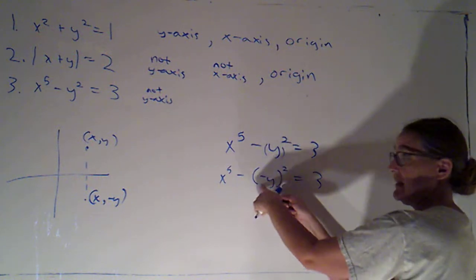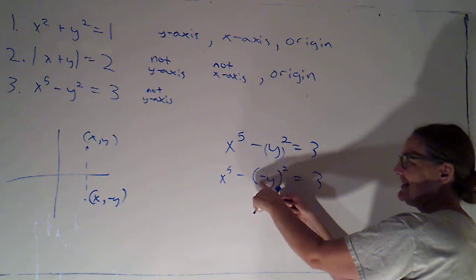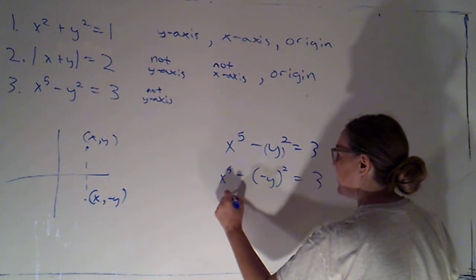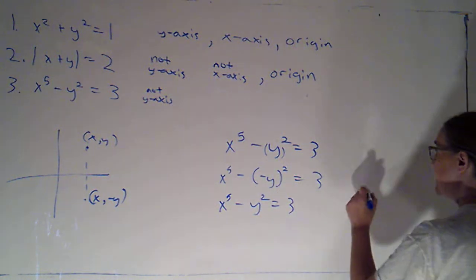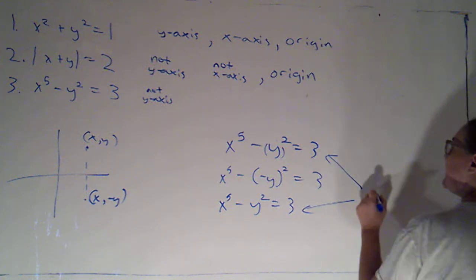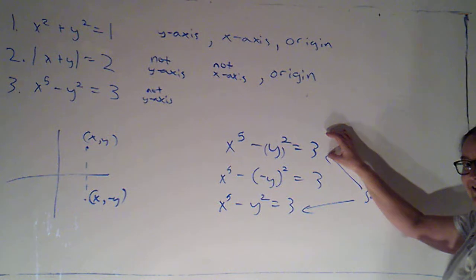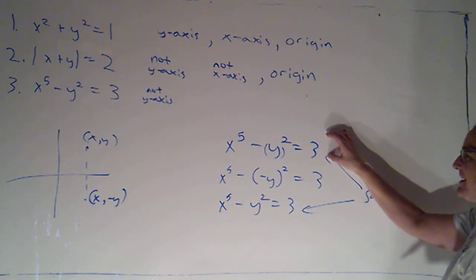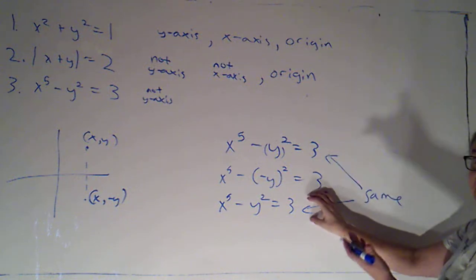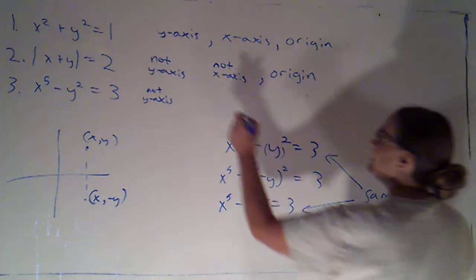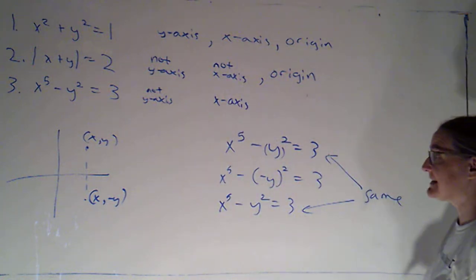Now I'm squaring the opposite of y. But when I square, that's going to eliminate this negative sign. So we'll get x to the fifth minus y squared equals 3. And these equations are the same. So if xy is on the graph, making this equation true, then x negative y is on the graph, making this equation true, because they're the same equation. So this does have symmetry about the x-axis.